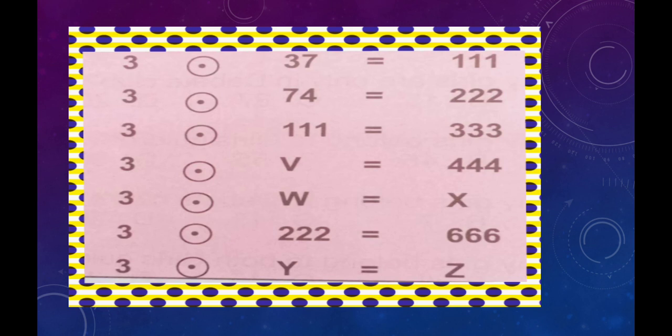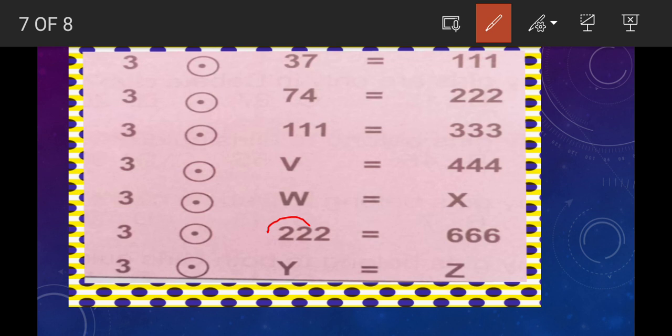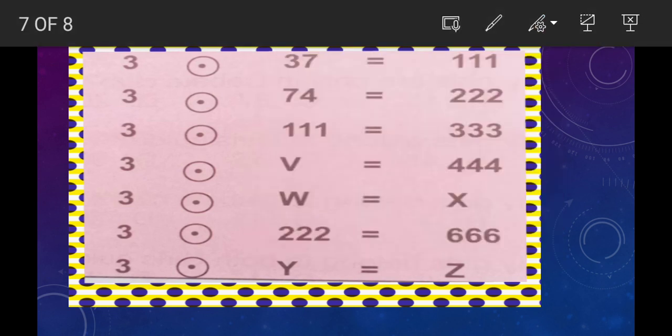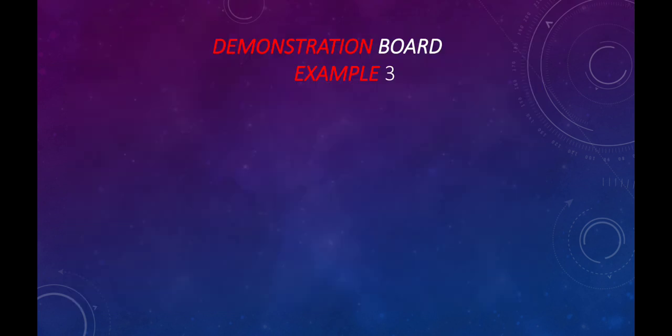Now, how do we get our Y first and foremost? You must recall that 222 plus 37 will give us Y. That is, we have it as Y is equal to 222 plus 37.